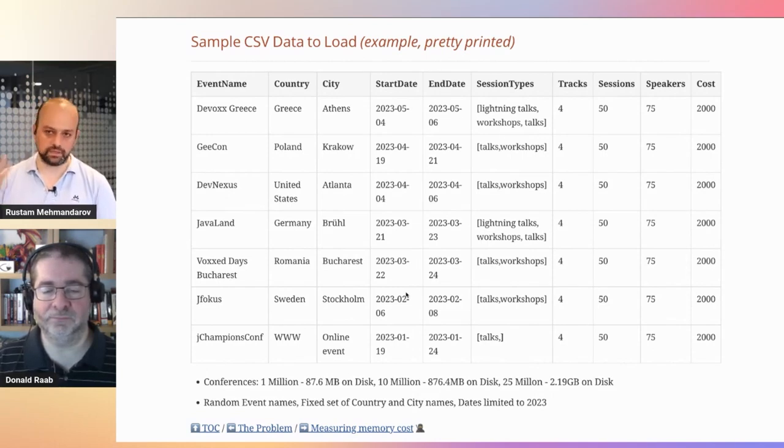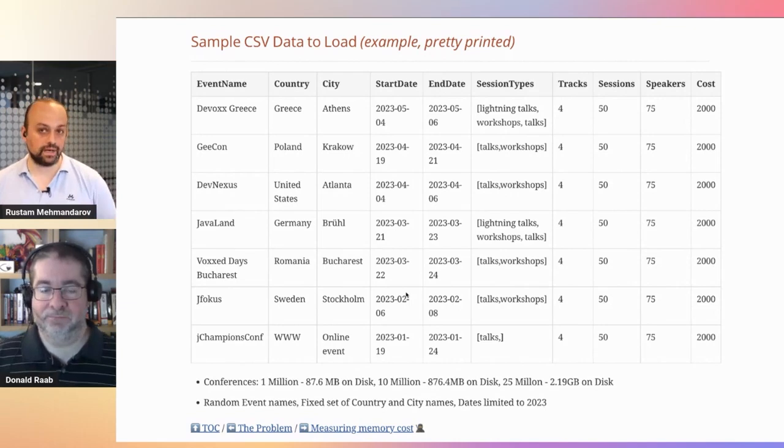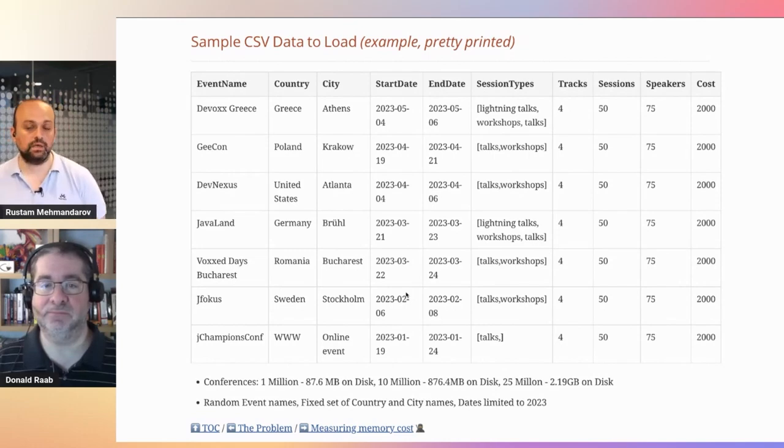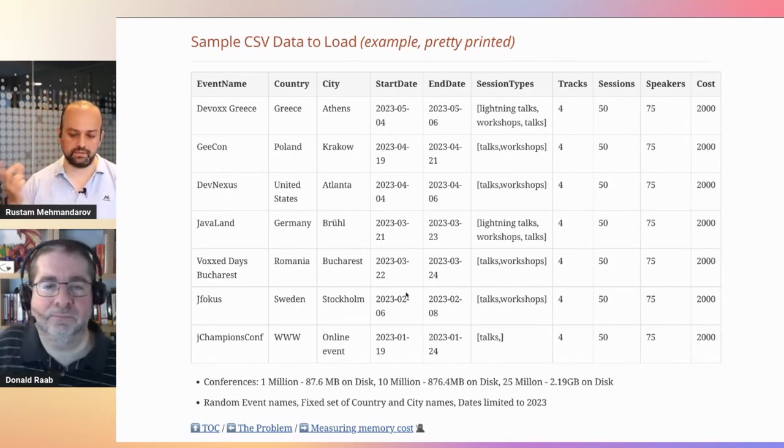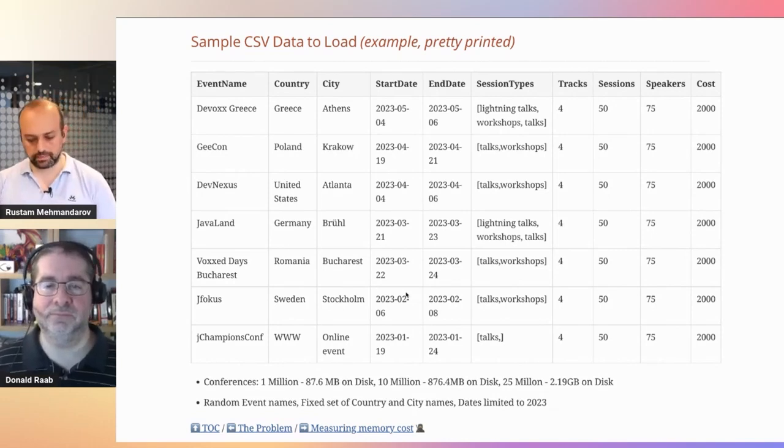Same goes with the cities. We also have dates. Dates are in our data set just for our testing purposes. We limited that to all possible dates within 2023. And also session types, and you can choose between those 3 that you can see there. It can be different variations of those and different numbers of those. And the other numbers are going to be random within a certain range.